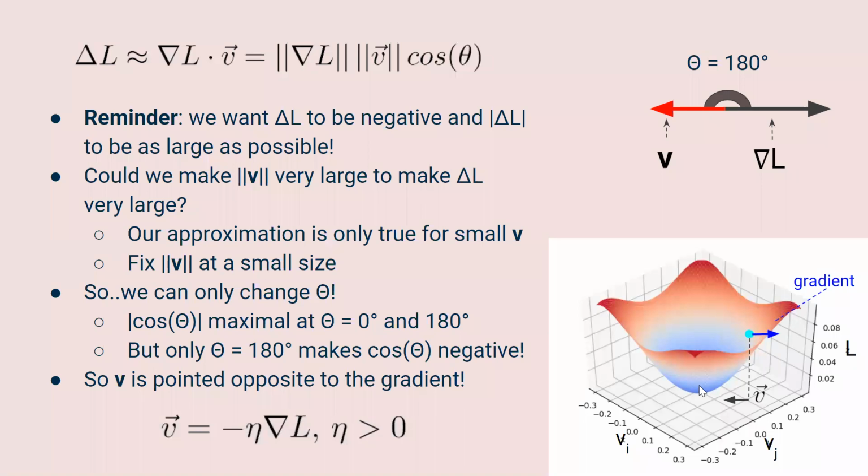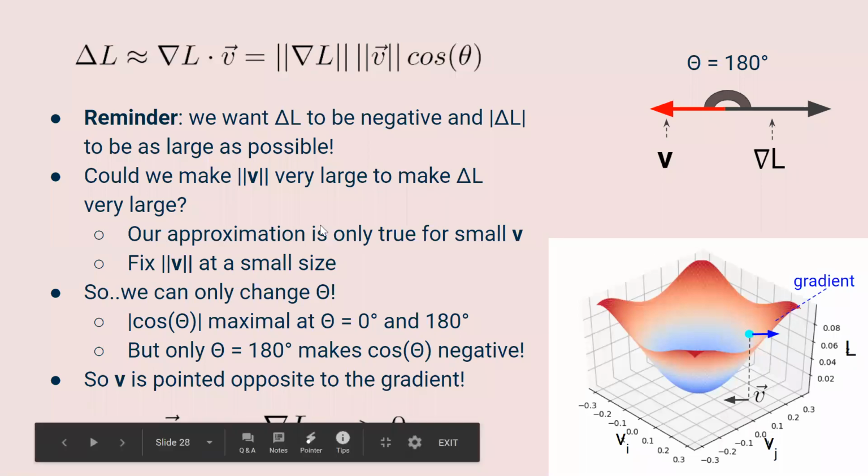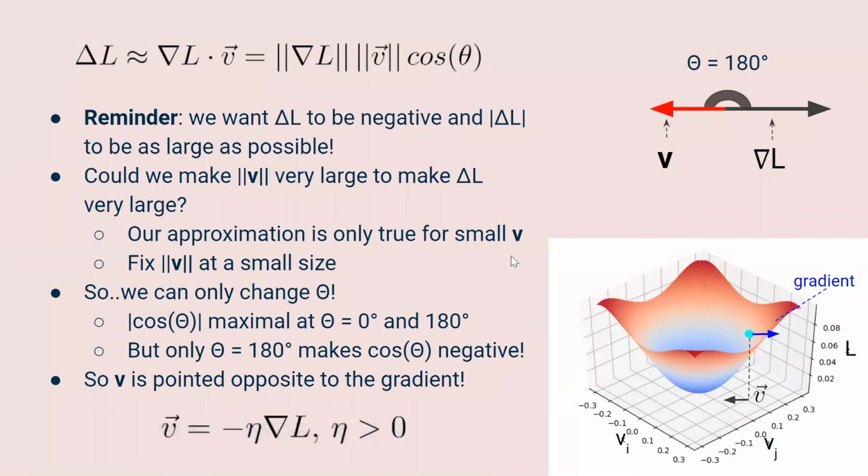So again, our approximation is only true for a very small V, an infinitesimally small V that points in a specific direction. But really we can just fix V at some really small size and not worry about the size of V for now.